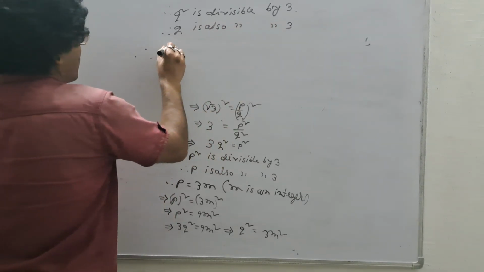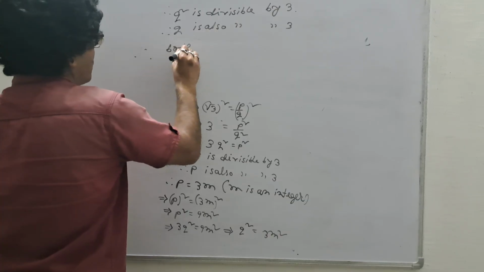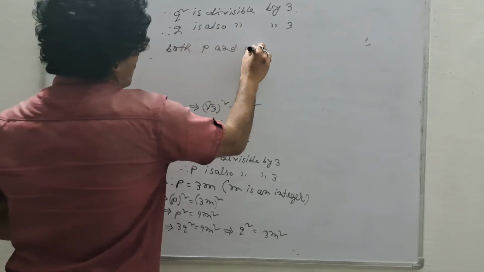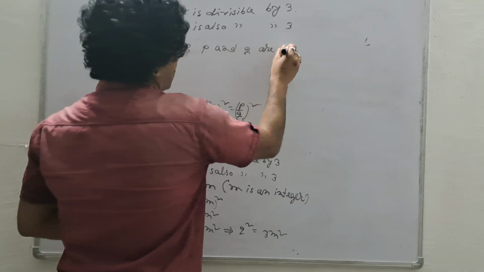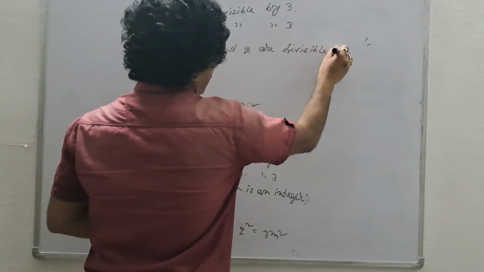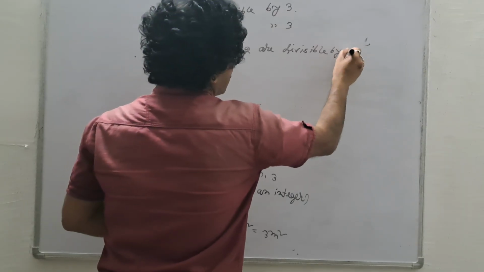That's what we get. Therefore, both p and q are divisible by 3.